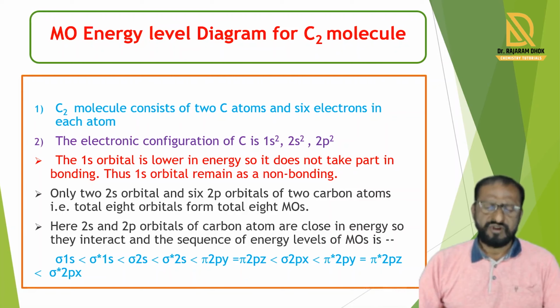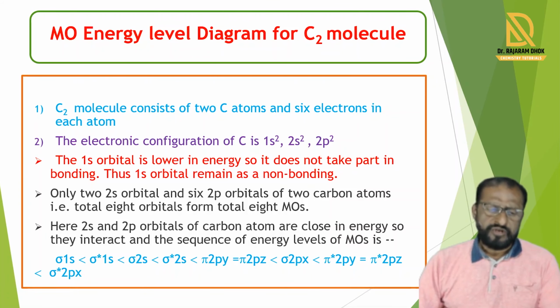Thus, 1s orbital remains non-bonding. So only the 2s orbitals and 6 2p orbitals of 2 carbon atoms combine with each other, and a total of 8 orbitals form 8 molecular orbitals.